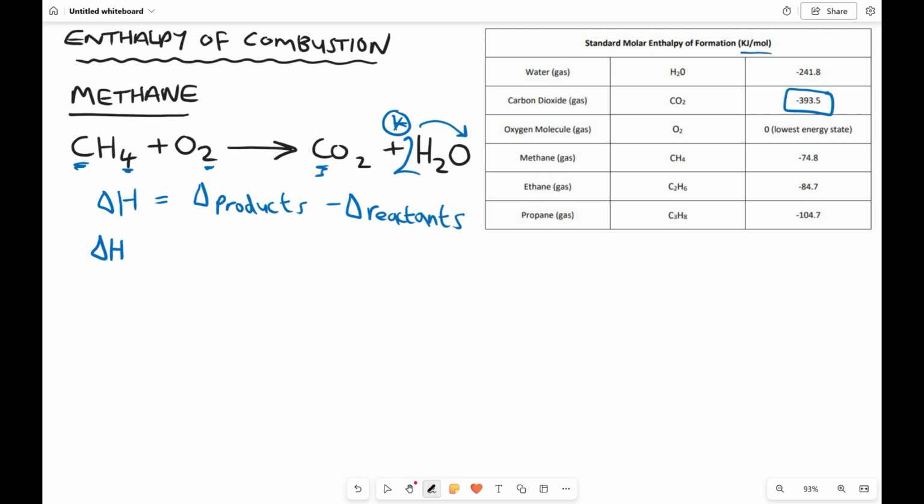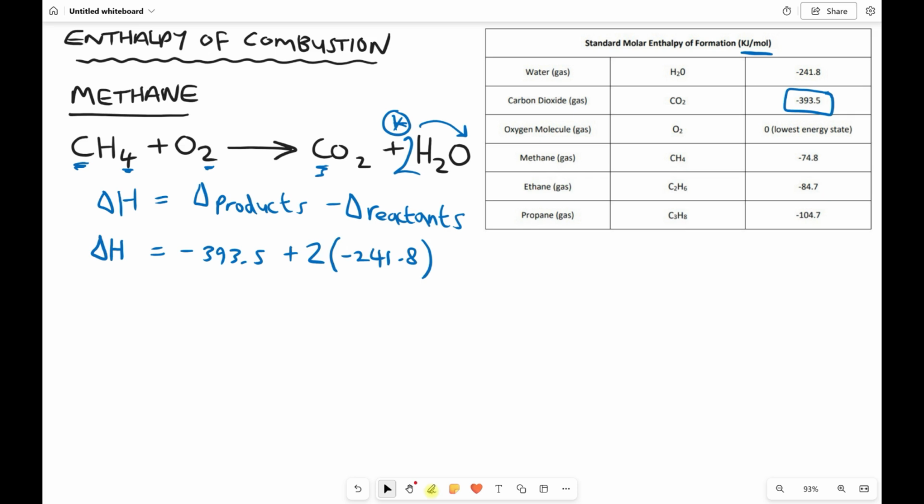Note that the units are kilojoules per mole. So we have minus 393.5. We need to add 2 times the enthalpy for our water molecule, and again take care here, because for the water molecule we have minus 241.8.